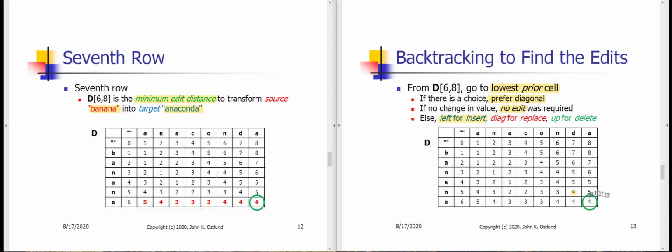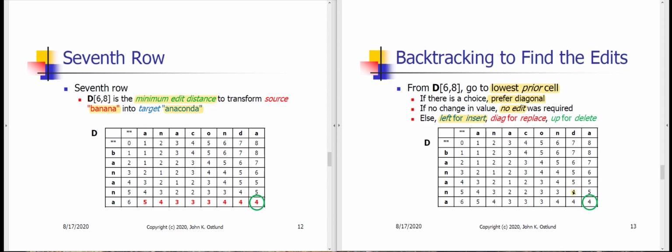Because going diagonally will get us closer faster to the beginnings of these 2 strings, if we have a choice between a couple of different alternatives with the same edit distance, we'll choose the diagonal. All right, so starting from this edit distance of 4, where we have these A's that match, we're going to go up to this diagonal 4.